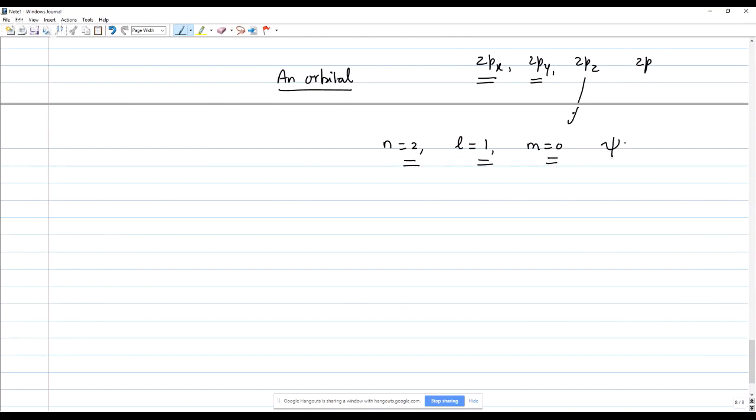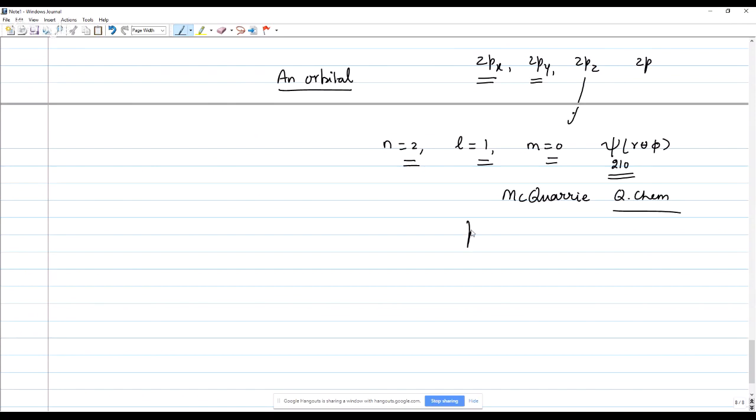Therefore, the wave function that has all these three quantum numbers, psi n L m of r theta phi, is written as 2, 1, 0. If you want to have a quick look at Macquarie, one of the most well-written, excellent books in quantum chemistry, you can see that the specification of all the three quantum numbers, even if it is a subshell, precisely means that it is a full orbital.